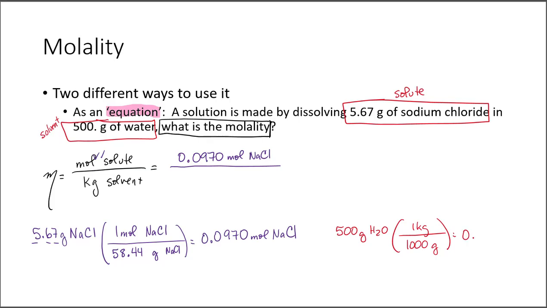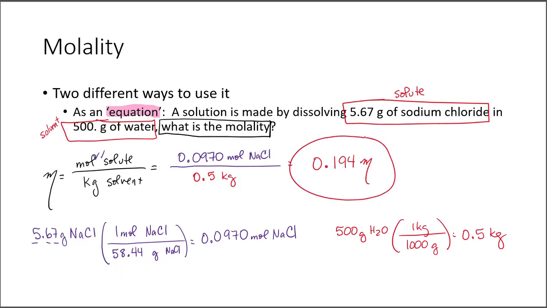Here is my neurodivergence coming through. 0.5 kilograms of the solvent. 0.0970 divided by 0.5 gives us 0.194 molal, is how you say that. 0.194 molal is the concentration of this solution. Right? So there we're just using it like it's an equation. Figure out the top, figure out the bottom, divide the two.